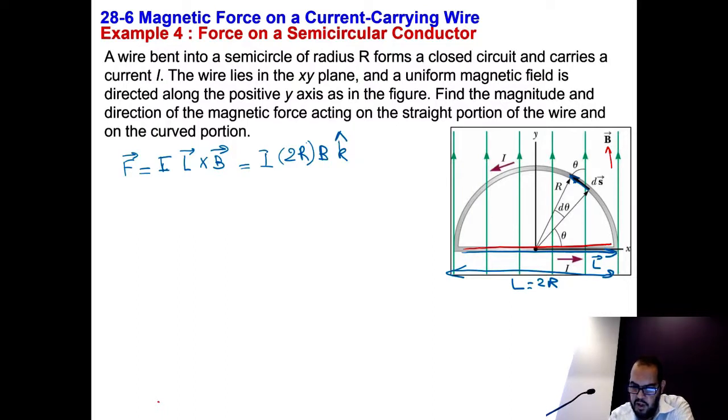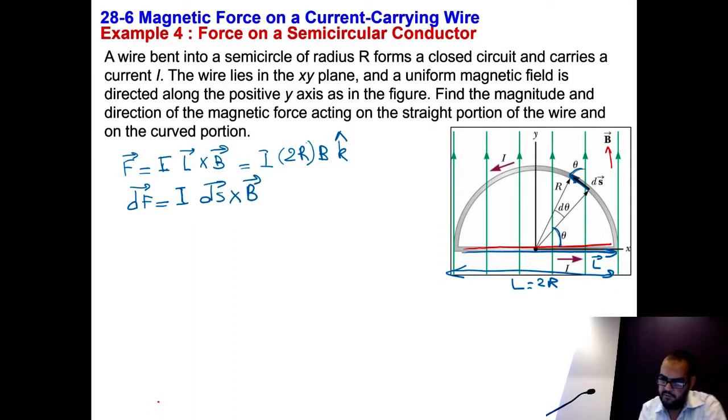First of all, if we take the element ds at an angle theta here, notice that this same angle theta is the angle between the vector ds and the magnetic field vector B. So let's write dF is the current I, and L is ds now, crossed with B. Since there is an angle between ds and B, which is theta, we can write the magnitude: I ds times B times sine of the angle theta.